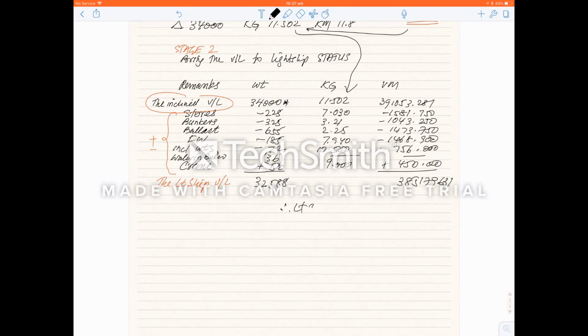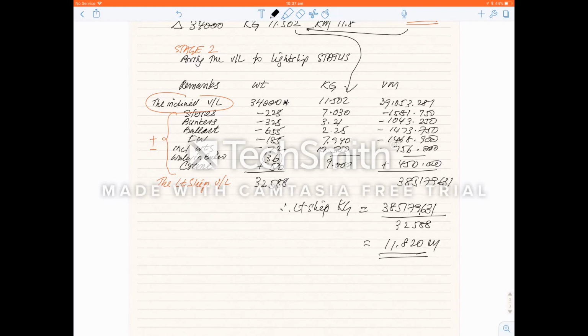Therefore, light ship KG equals vertical moments divided by displacement equals 11.820 meters.